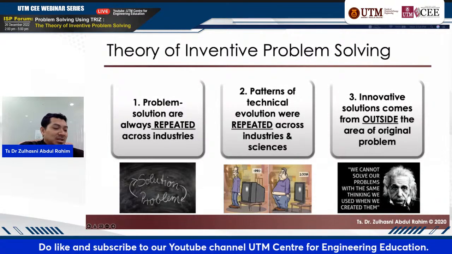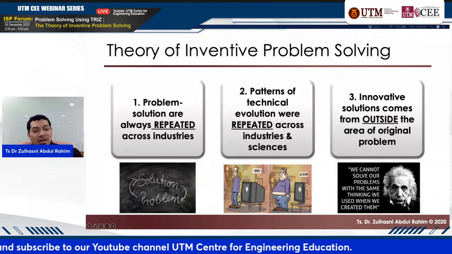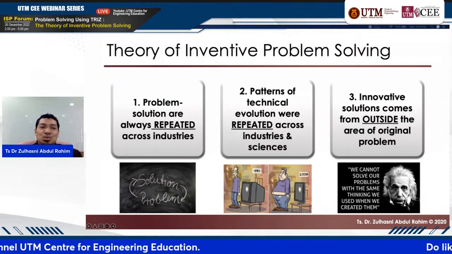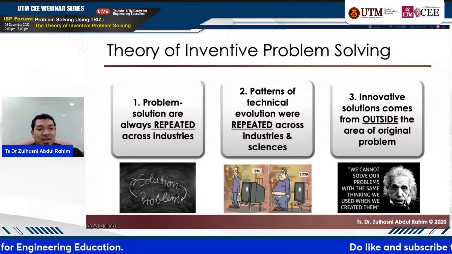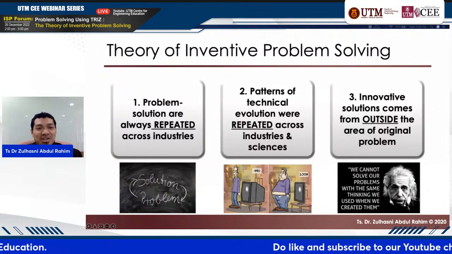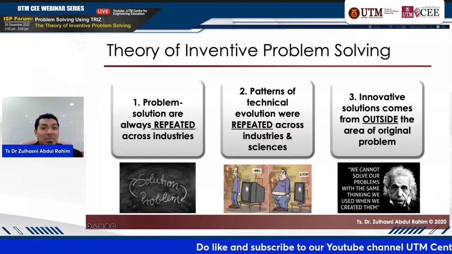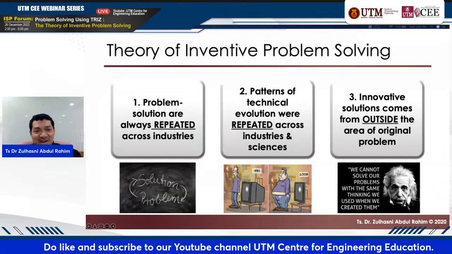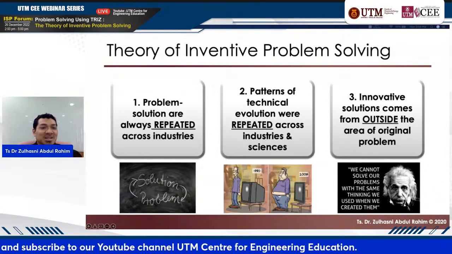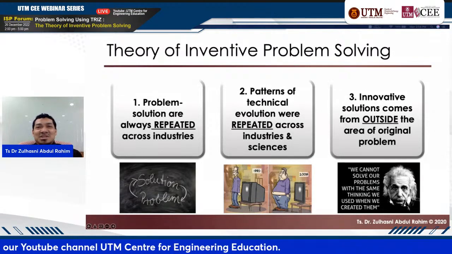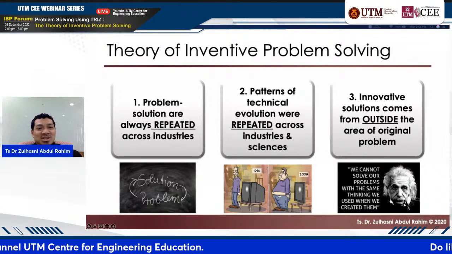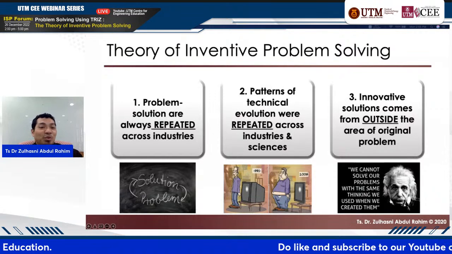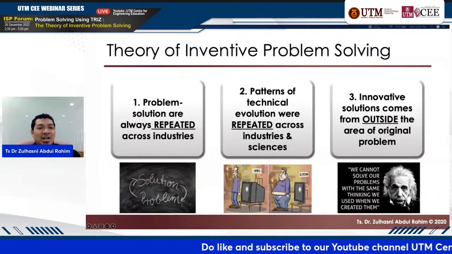And the best part is that the problem you are trying to solve already has a solution, not just one solution but multiple solutions. If you don't believe it, you can try it. Go to Google Patents and type the keywords of the element that you have found a problem with for your engineering issue.